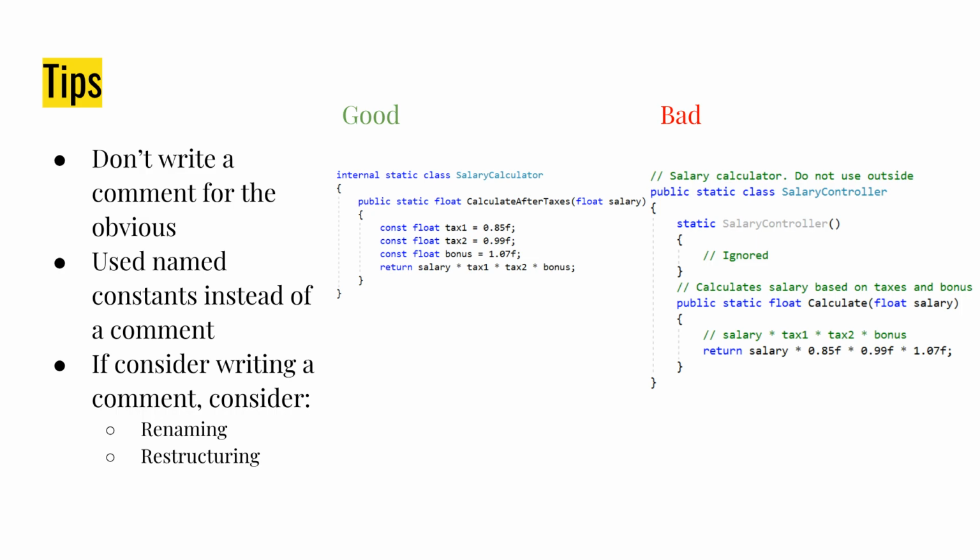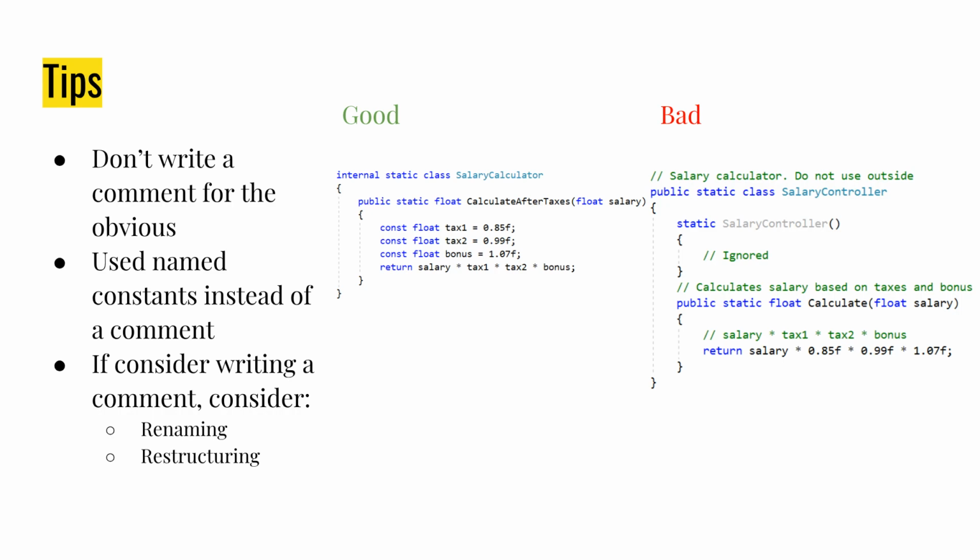So here is an example of how you should refactor a class with comments into a class without any comments, and a class without any comments in this case is much more readable than a class with comments. So when you have magic numbers, you should refactor them into named constants.